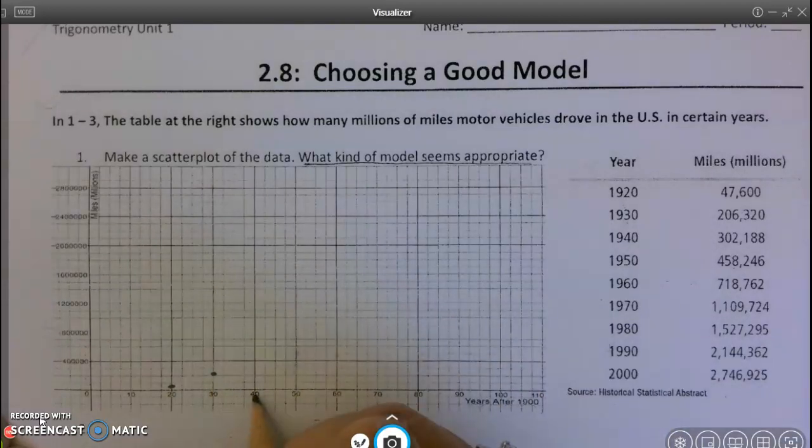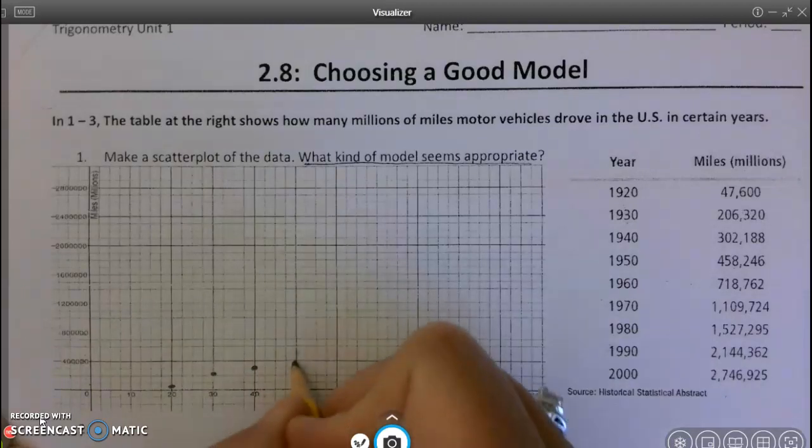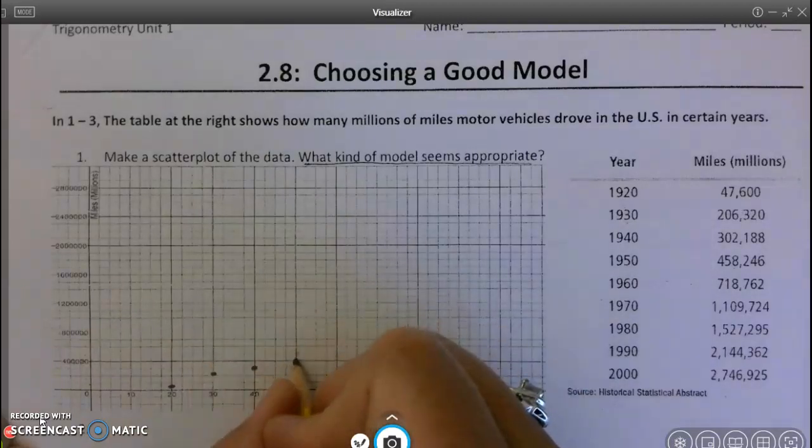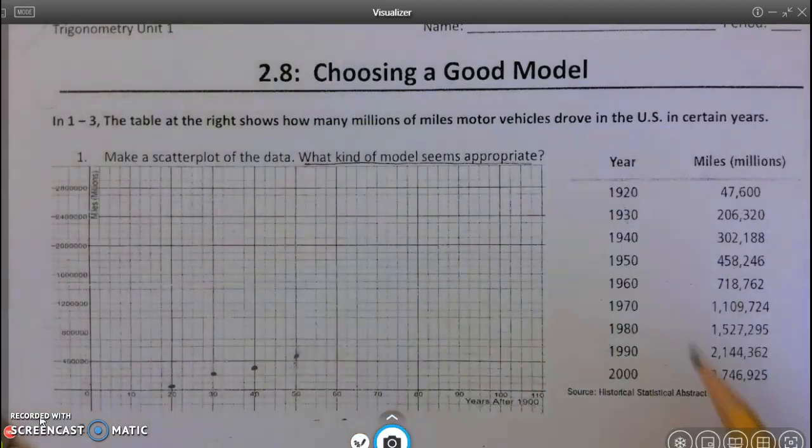Then I'm going to go over to 40. That would be 302, so that's pretty much on the 300,000 line. At 50, I'm going to go to 458, which would be halfway between the 400 and the 500. So I'll put that right there.